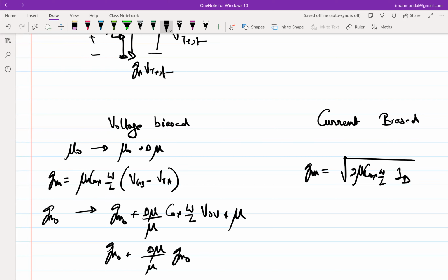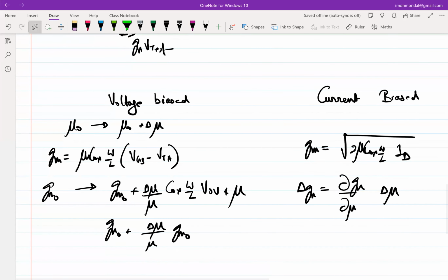Now if GM changes from GM naught to GM naught plus delta GM, if mobility changes by delta mu, how much will GM change? So delta GM will be this. Calculate and tell me.